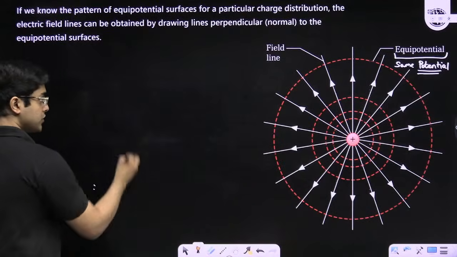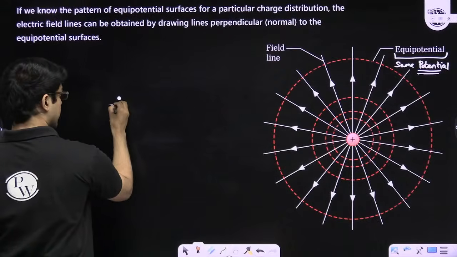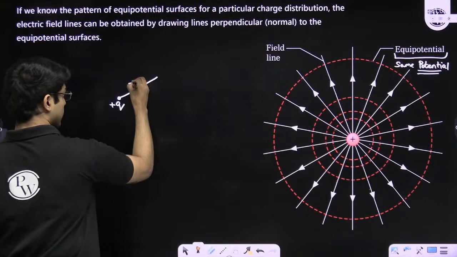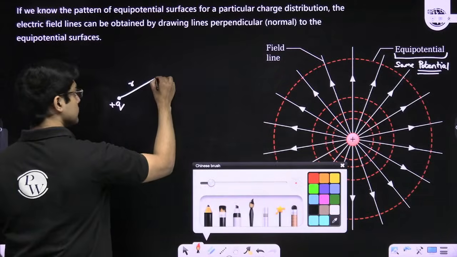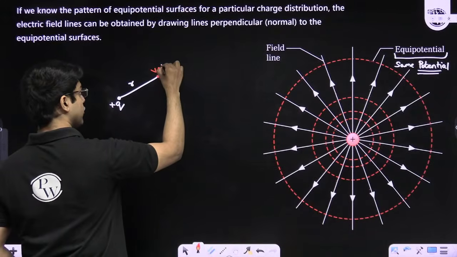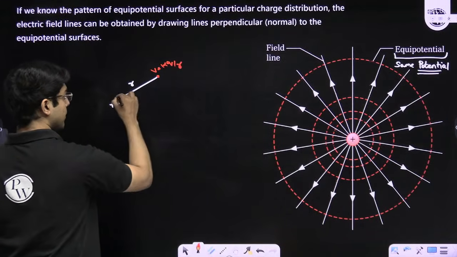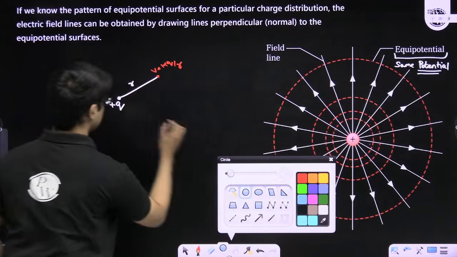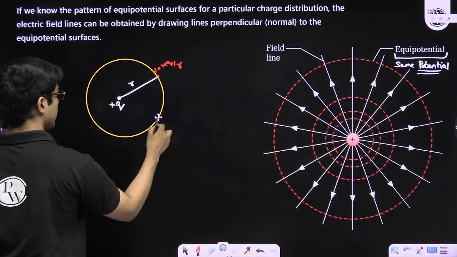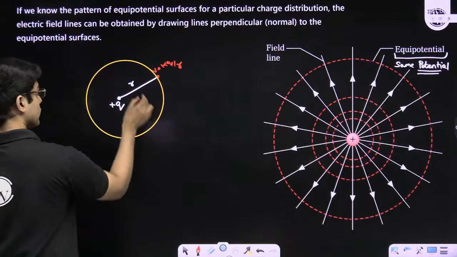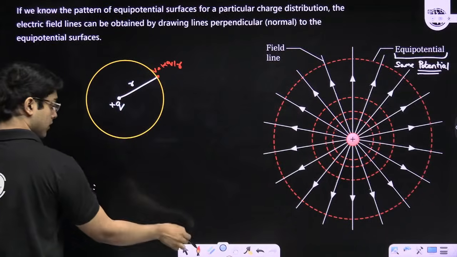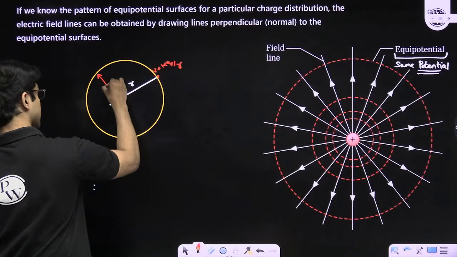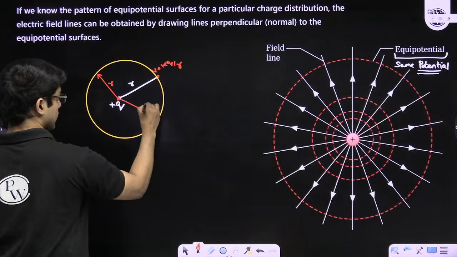So for a point charge, it is actually going to be concentric spheres. If I choose a plus q charge at a distance r, what is the potential? Potential is kq by r, right? It is the same everywhere on this r radius sphere. So if you draw a sphere of radius r, everywhere on the sphere, the distance of plus q from any point on the sphere is actually r itself, right?